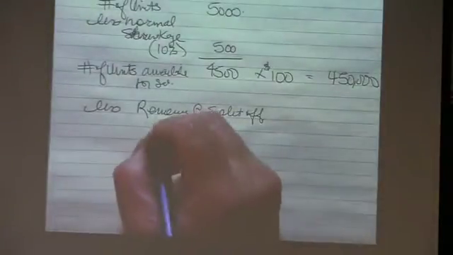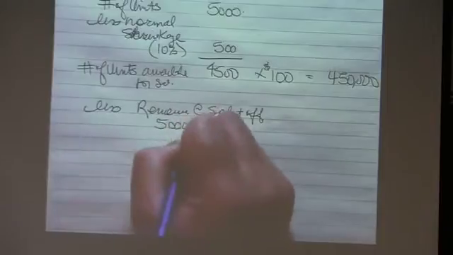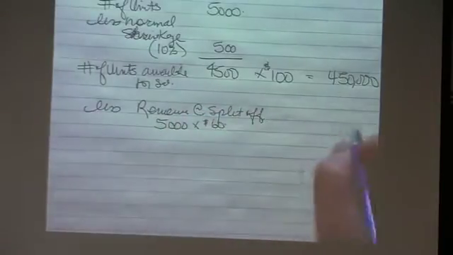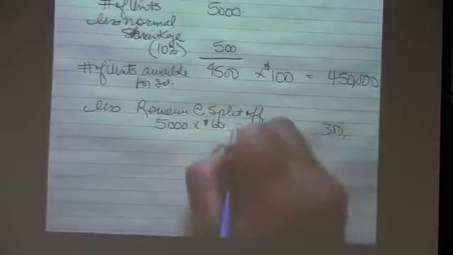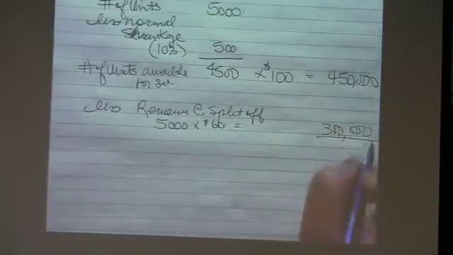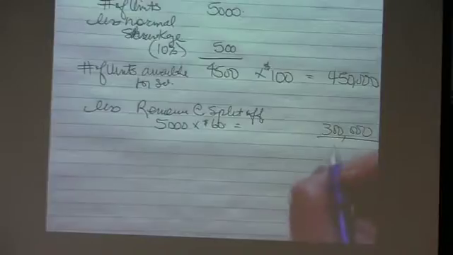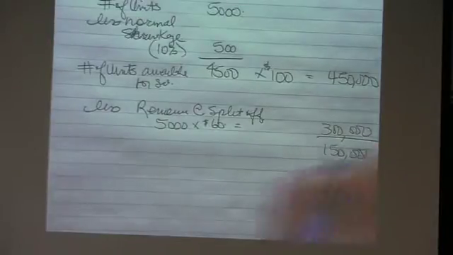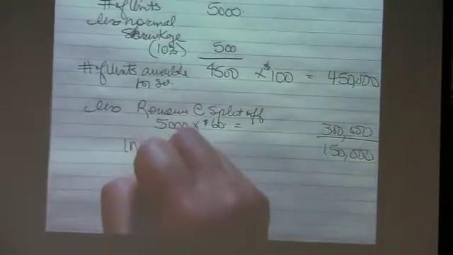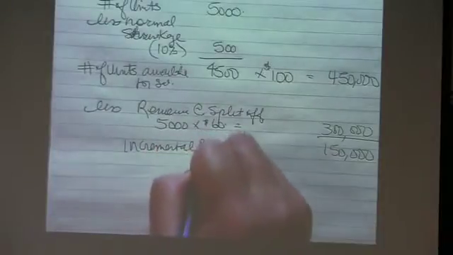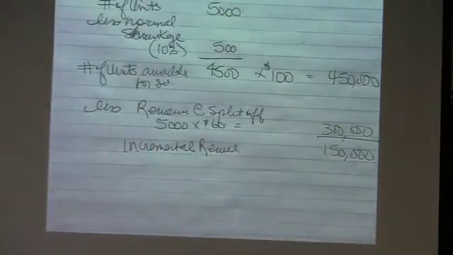So it would be 5,000 times 60. So the incremental revenue is 150,000. What are my incremental costs?